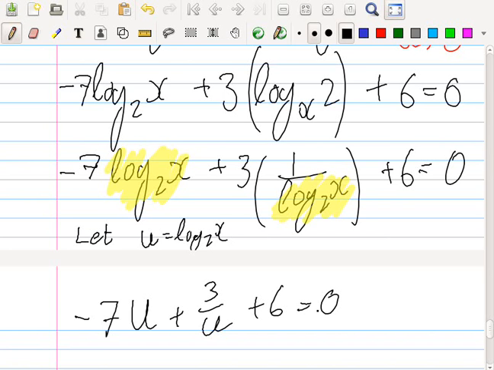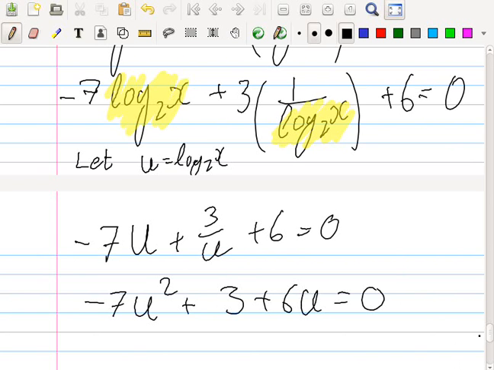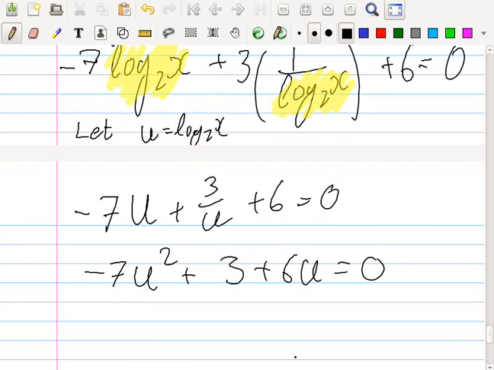How do you go about solving these? Multiply by u. So this will be minus 7u squared plus 3 plus 6u equals 0. Or if you take everything to the right, 7u squared minus 6u minus 3 equals 0.